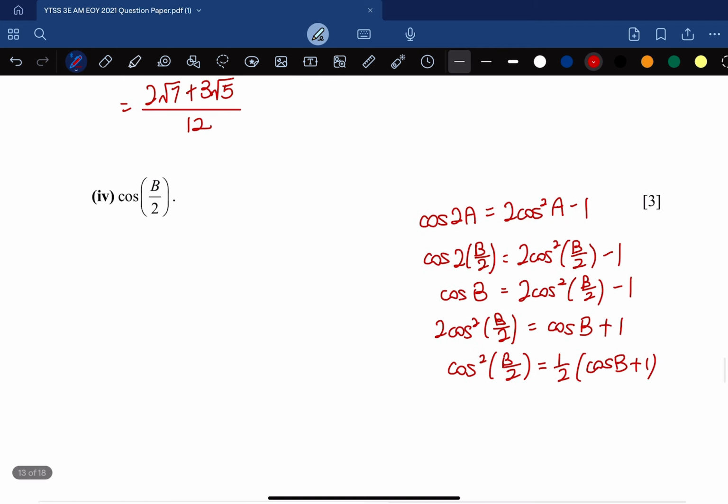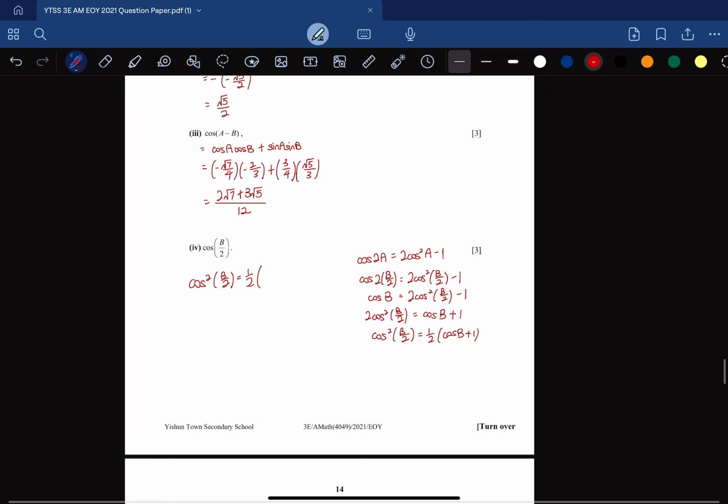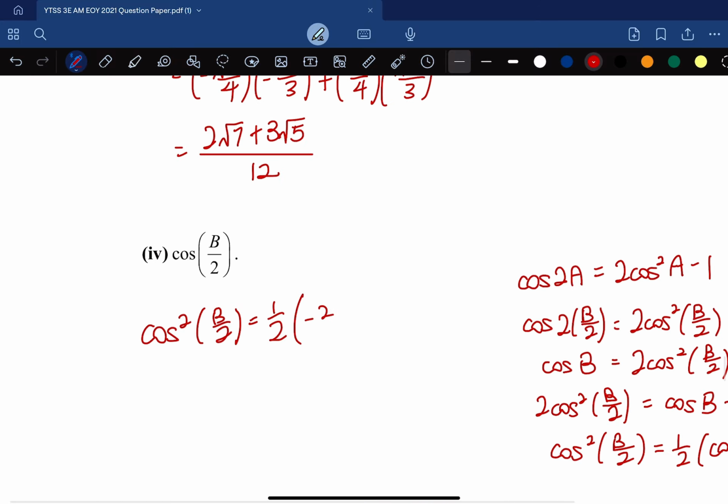So cosine squared B over 2 is half times, cosine B is negative 2 over 3, plus 1. If you use a calculator to work this out, negative 2 over 3 plus 1, I'll get 1 over 6. Cosine squared B over 2 is 1 over 6.